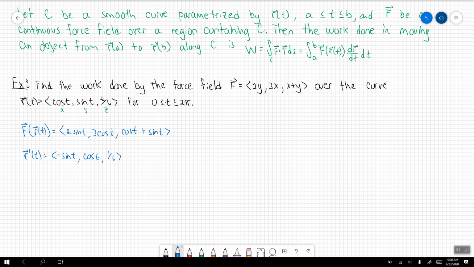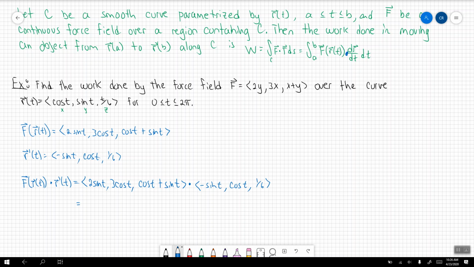So now I need to go through this part here and take the dot product between these two vectors. There we go, just like this. Alright, so this is going to be 2 sine t, 3 cosine t, and then cosine t plus sine t, dotted with negative sine t, cosine t, and 1/6, as such.